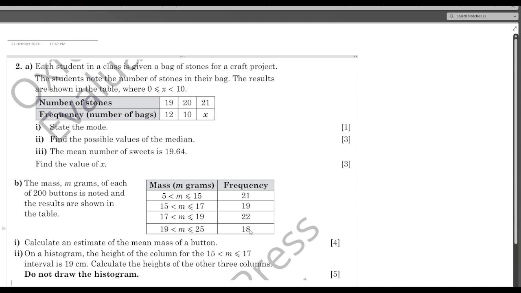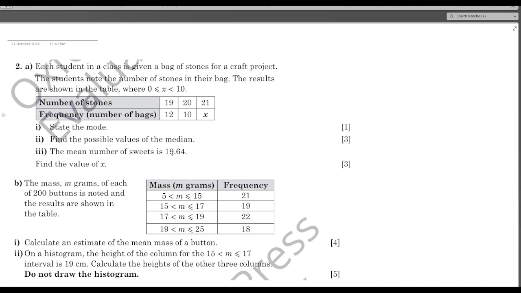Because to know the mode, I should know the value of x, and from the mean I can work out the value of x. Okay, the total number is 12 plus 10 plus x, and the mean is 19.64.